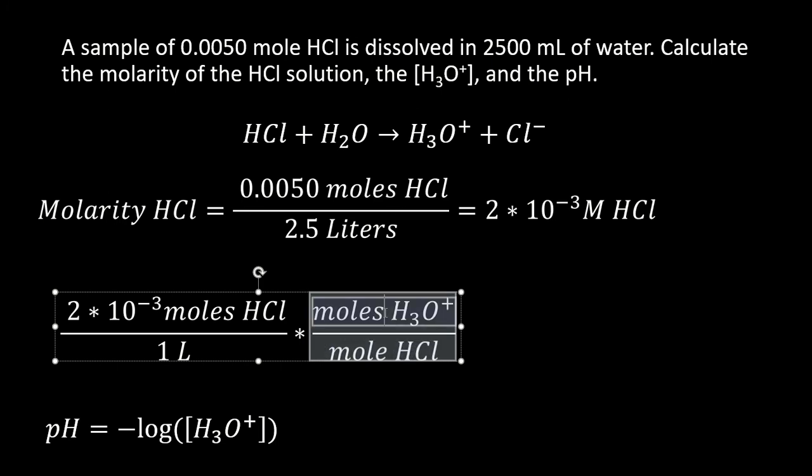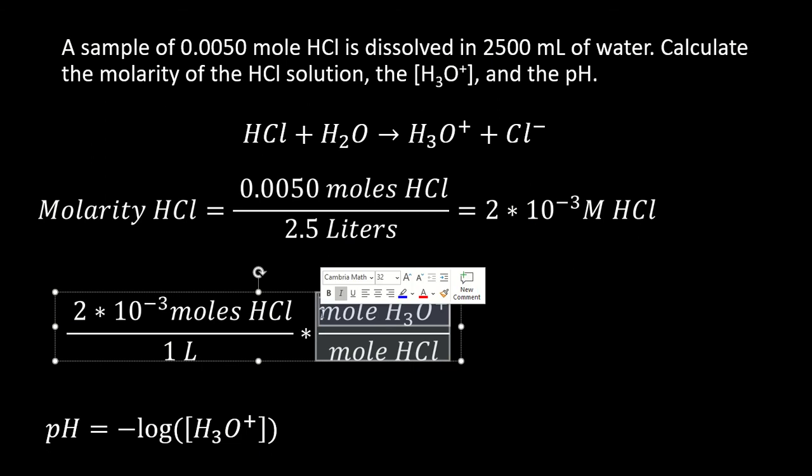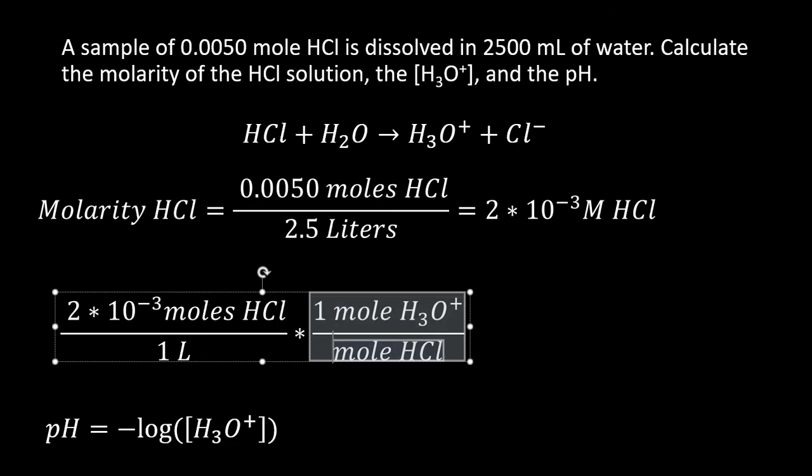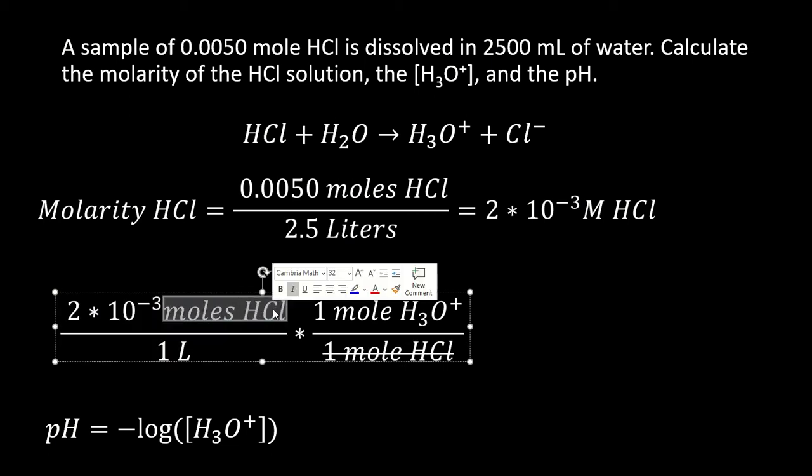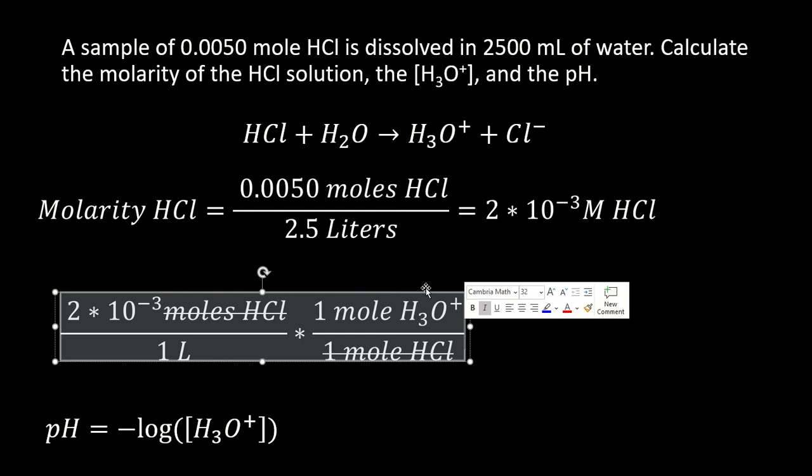And well, our mole ratio is just going to be, in this case, going by the stoichiometry of our reaction, 1 mole of hydronium ion is produced for every 1 mole of HCl that is reacted. And all this does is essentially it crosses out the moles of HCl so that we're left with just moles of hydronium ion concentration per liter.